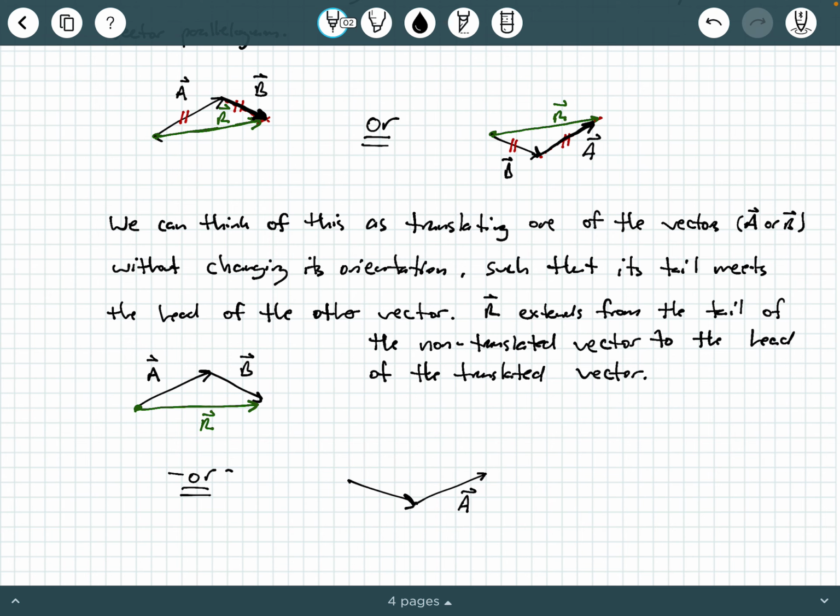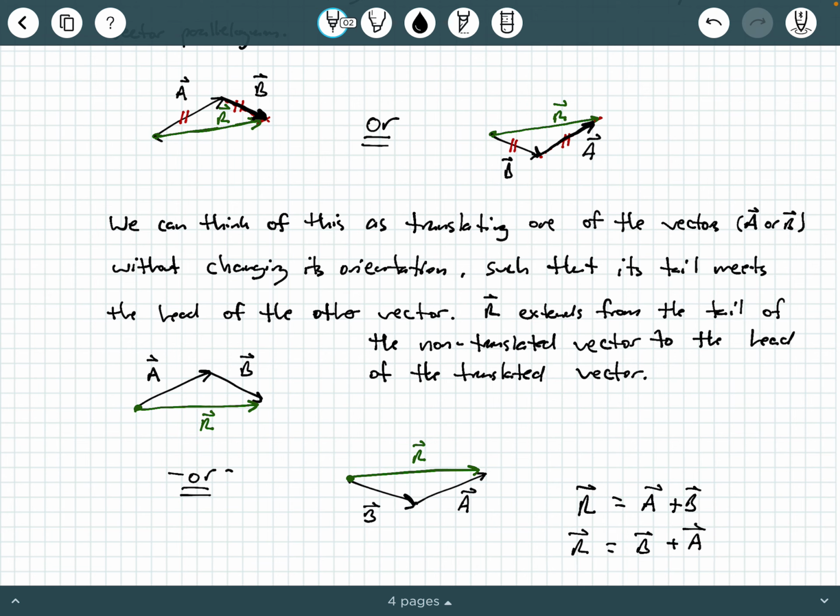Put my label down here. And then the resultant is from the tail of the non-translated vector to the head of the translated vector. Okay. So in either case, you get R equals A plus B, or you could get R equals B plus A. So A plus B or B plus A, okay?